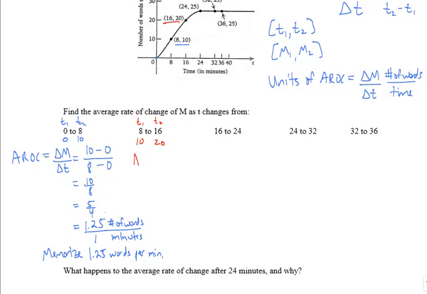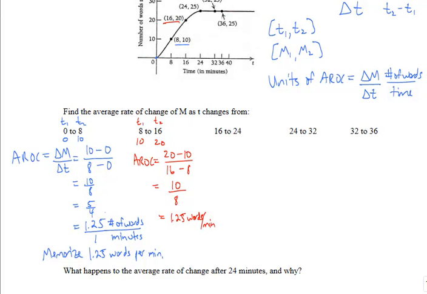So our average rate of change is going to be the 20 minus the 10, the two m's subtracted, divided by the two t's subtracted, 16 minus 8. So 20 minus 10 is 10, 16 minus 8 is 8, and so we get 5/4 again, or 1.25 words per minute. So same exact value as the last example.